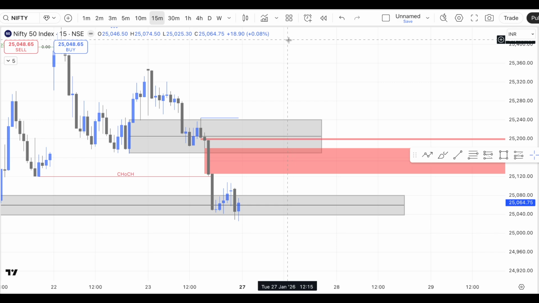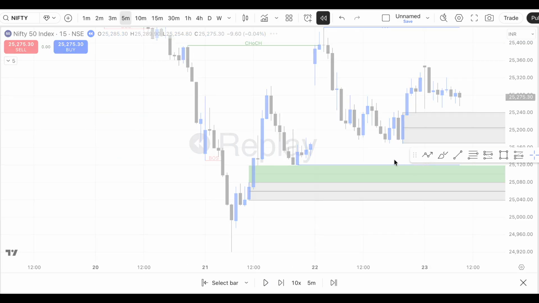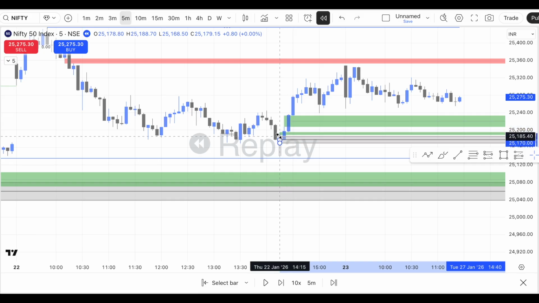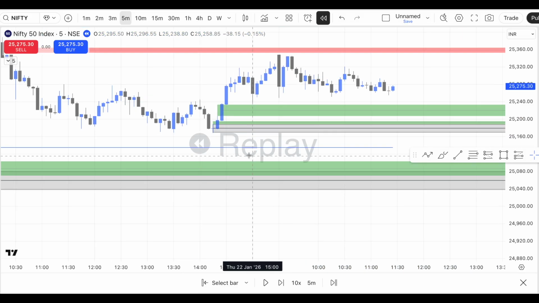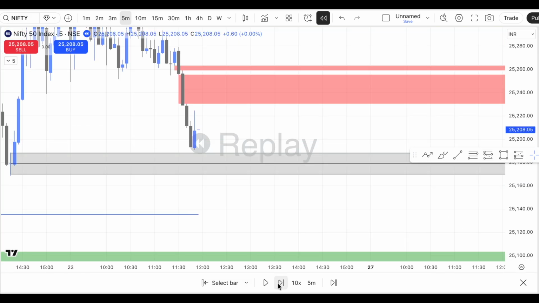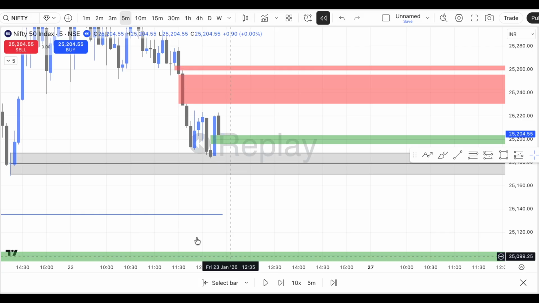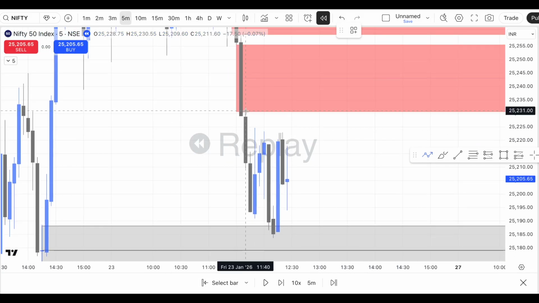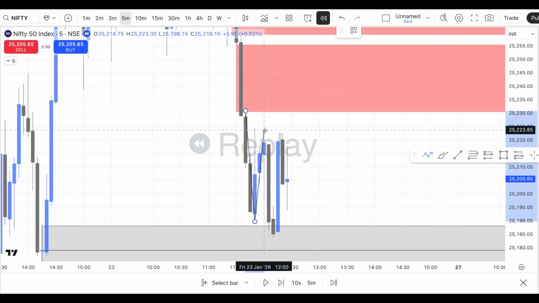If I do a bar replay here, switch to the 5 minutes time frame, and refine this demand to this particular small imbalance candle, the market came down and tapped. If you see the structure here, this was a high. From here I'm just drawing the structure, and a new high came before breaking the structure.